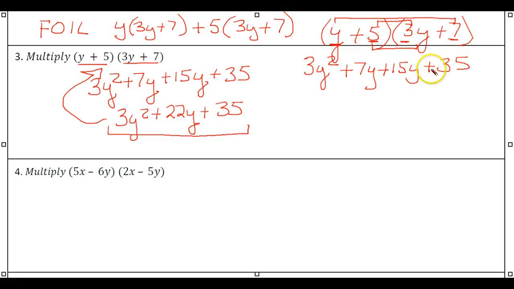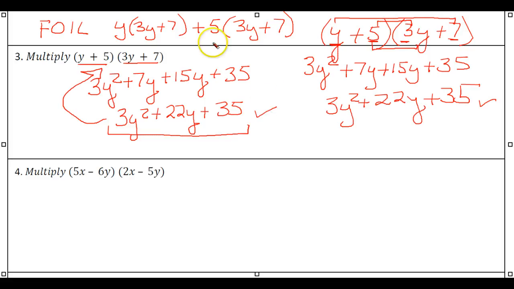Yes. Notice I still have like terms, and this will become, when I collect my like terms, they come out the same. So this is a method often used, sort of the horizontal method.